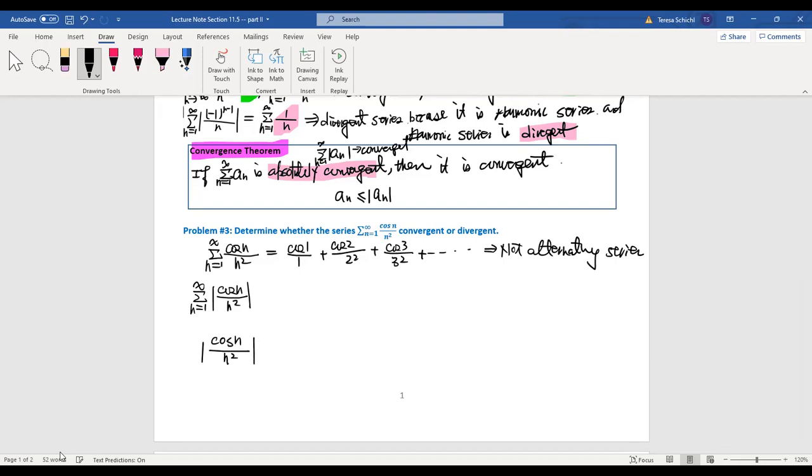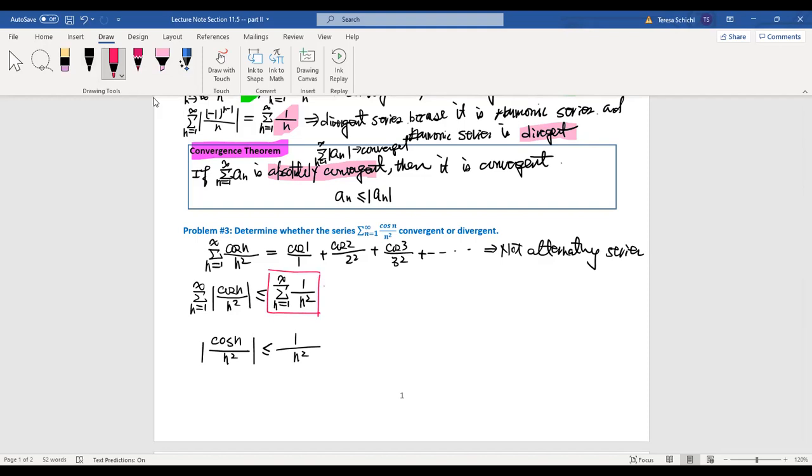I know that the absolute value of cosine n is always less than or equal to 1, because the cosine value is between -1 and 1. So the absolute value of the term is less than or equal to 1 over n squared, and I can consider the sum from n=1 to infinity of 1 over n squared.